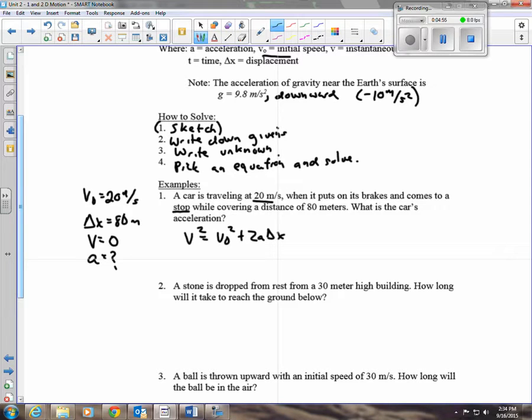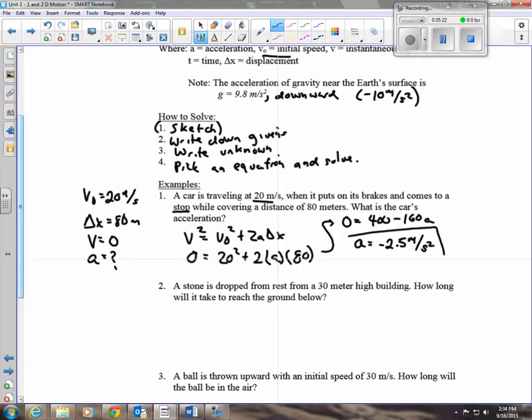So now I plug in, I get 0 equals 20 squared plus 2 times a times my distance of 80 meters. Solving this, 0 equals 400 plus 160a. If I solve that, I'll get an acceleration of minus 2.5. And the units for acceleration are meters per second squared.